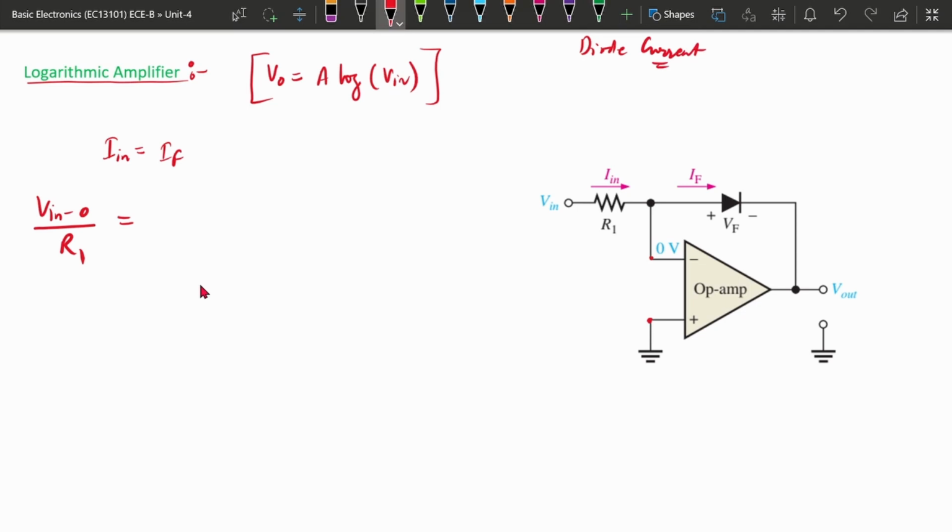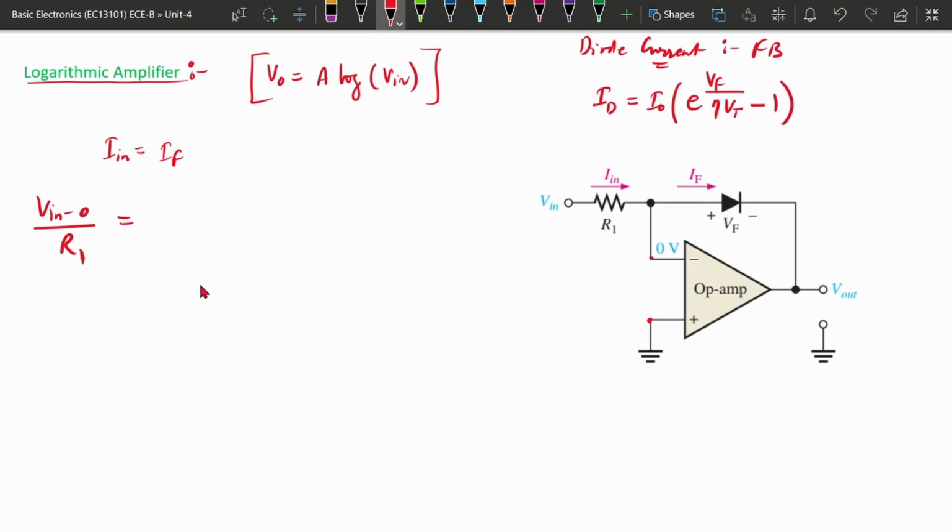When the diode is forward biased, the diode current is given by I naught, the leakage or reverse saturation current, multiplied by e to the power Vf divided by NVT, minus 1, where Vf is the forward voltage of the diode.